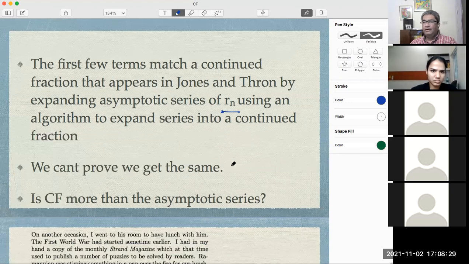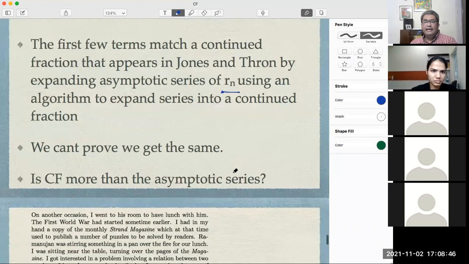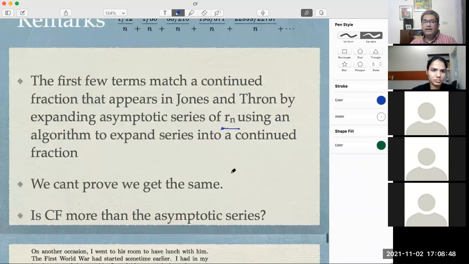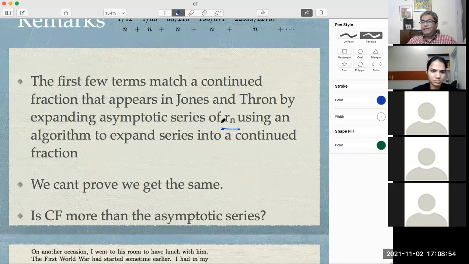And in fact, we can't even prove right now whether our continued fraction converges. So maybe it does. We haven't proved it yet. I would say we want to prove it, but it's not really necessary. We can leave that also. And the question is that you have an asymptotic series, which means that as n goes to infinity, it should be equal.